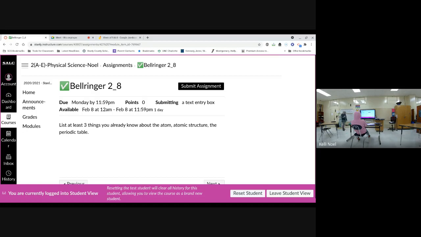Anything else about the atom, structure of the atom, periodic table? Anybody know any of the parts of the atom? What makes up the atom?